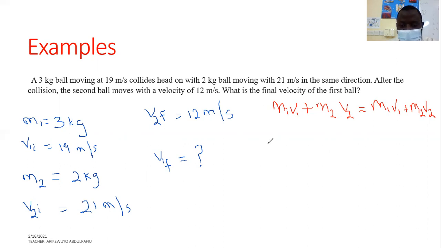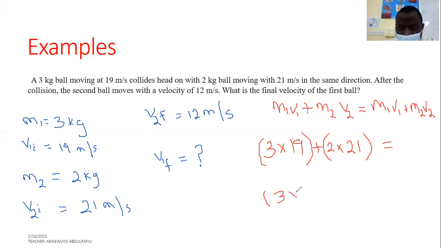My m1 is 3. I have 3 multiplied by my v1 initial, which is 19, plus my m2, which is 2, multiplied by v2 initial, which is 21. This is equal to my m1, again still 3 because the mass is not changing, but my v1 final after collision, I don't know for the first ball.